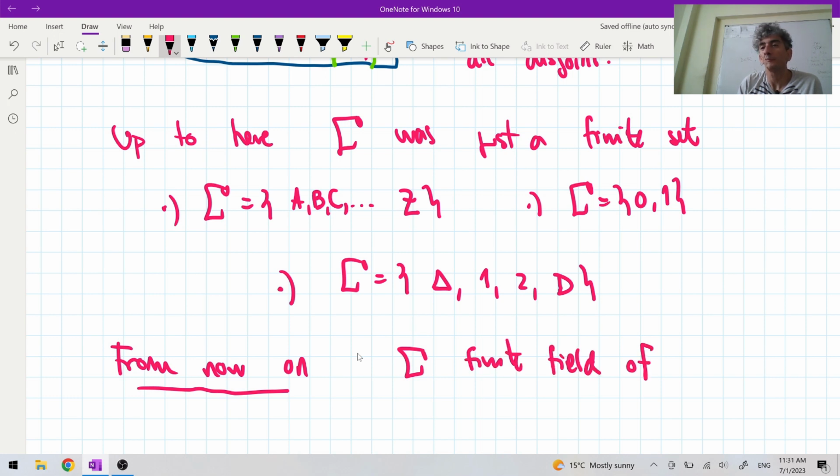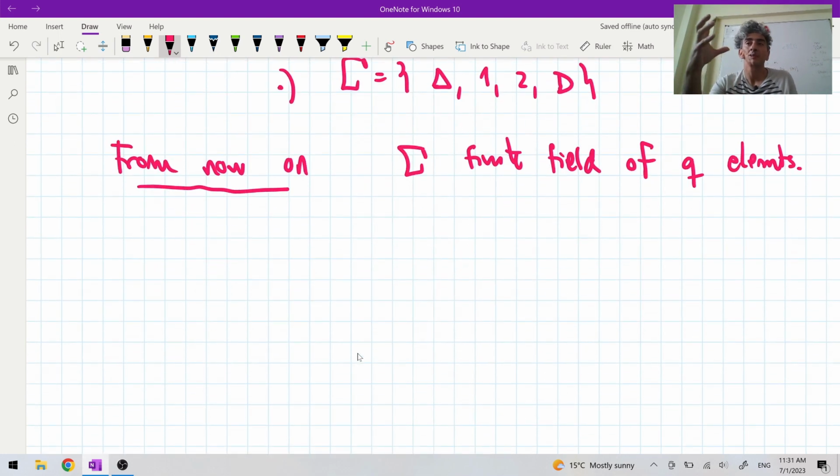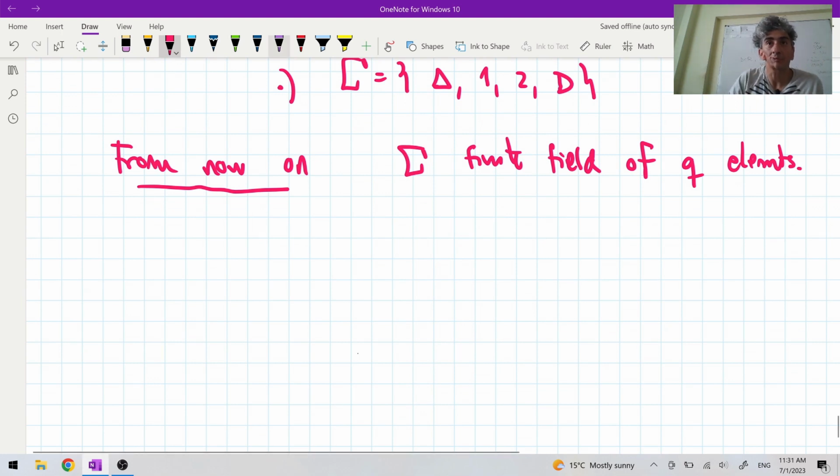Of Q elements. And we're going to concentrate in this example because we need to talk about the way these balls are. Okay, so let's take a look at the ball centered at 0.